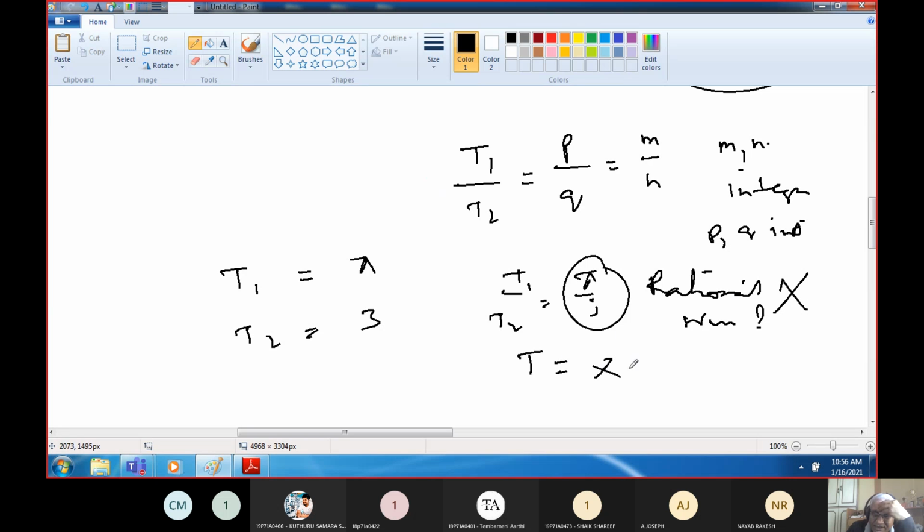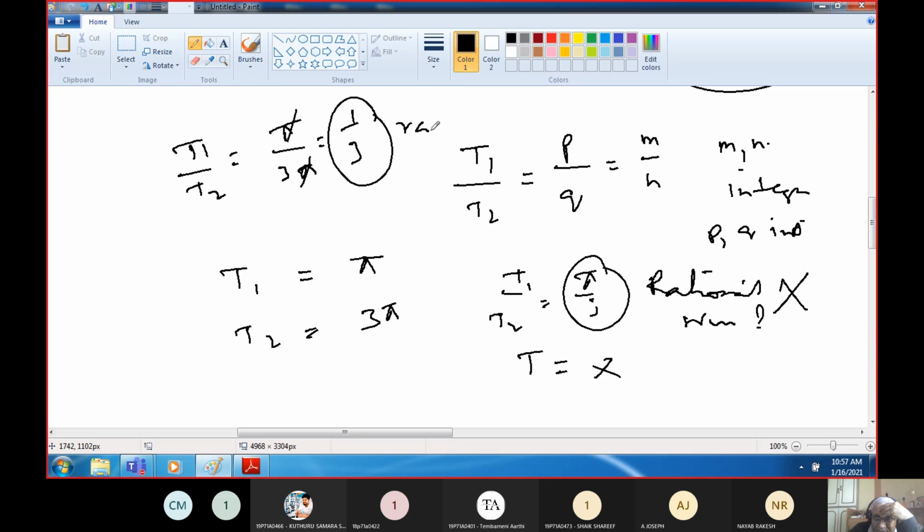When can we find T? When T1, maybe it is a function of pi, but supposing T2 is also 3 pi, something like this. Then what is T1 by T2? T1 by T2 is pi by 3 pi. So pi gets cancelled. This is equal to 1 by 3. So this is a rational number.